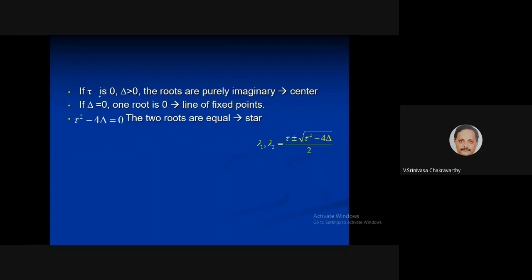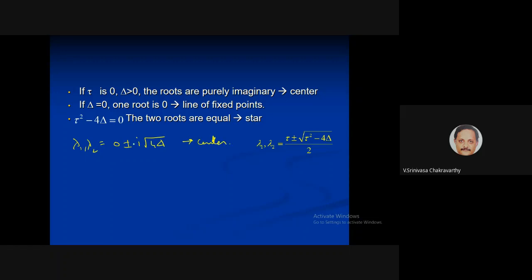Finally, if tau is 0 and delta is positive, the roots are 0 plus or minus i times the square root of delta. Lambda 1, lambda 2 is equal to this, which means both are purely imaginary, so that gives you a center.